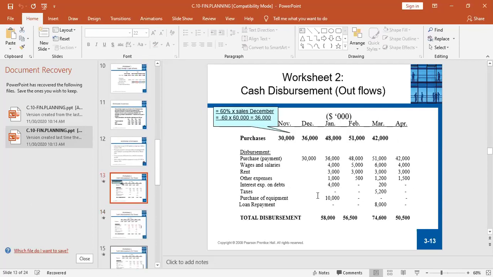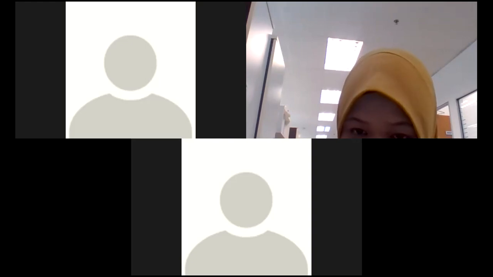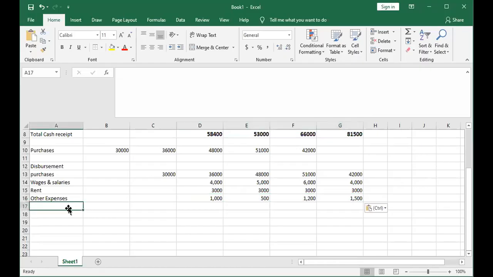Okay, let us do it in Excel. Okay, let us continue. In the additional information there is an interest payment. So the interest payment will happen in January, 4,000.